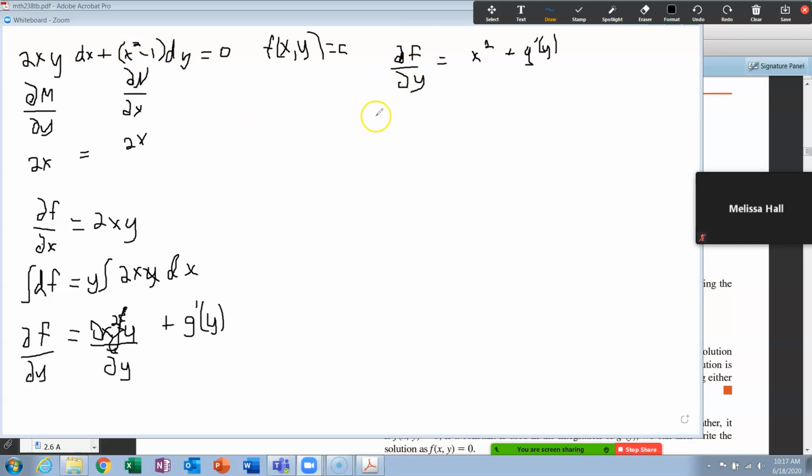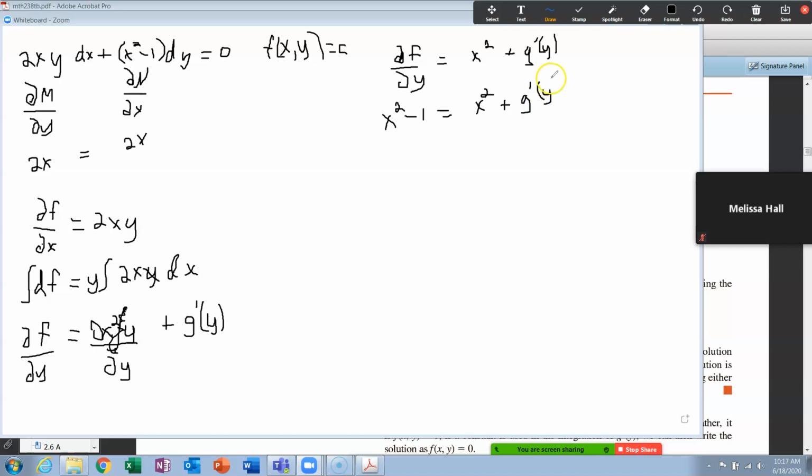So let's put that down. This is x squared minus 1, which is equal to x squared plus g prime of y. See, you don't have to worry about subtracting integrals or anything like this.